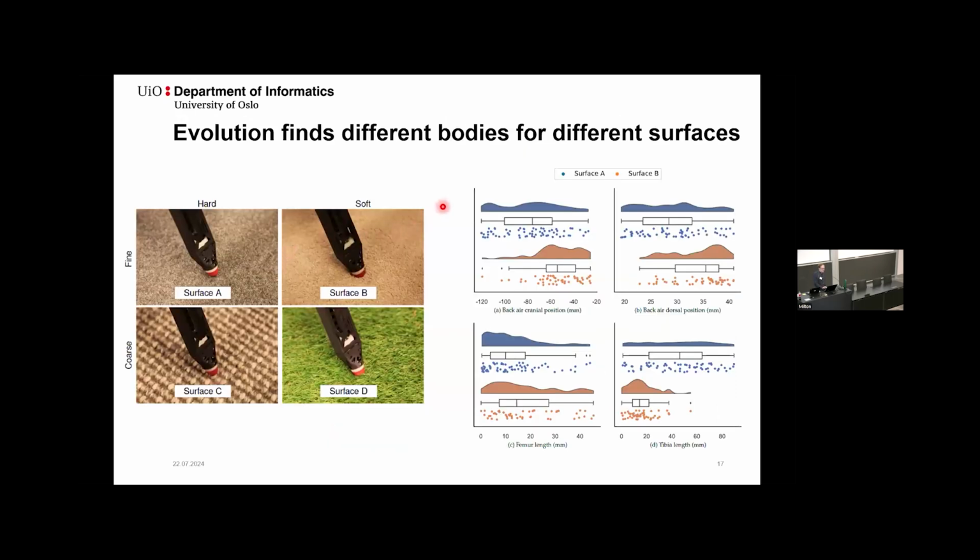We also tried on different surfaces, like different types of carpets, and found similar results, that there were differences in morphology parameters for these cases.